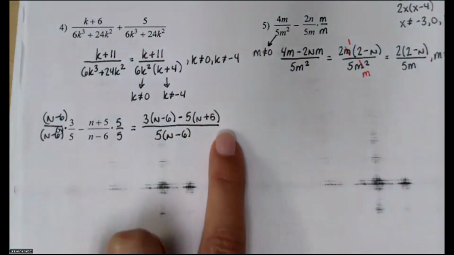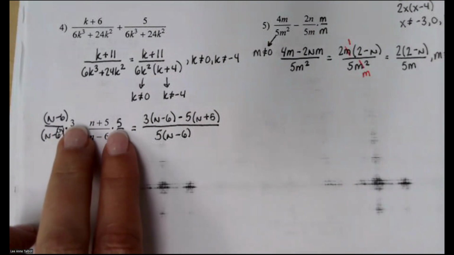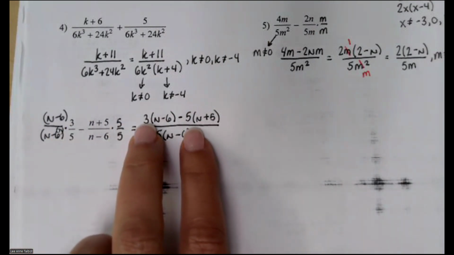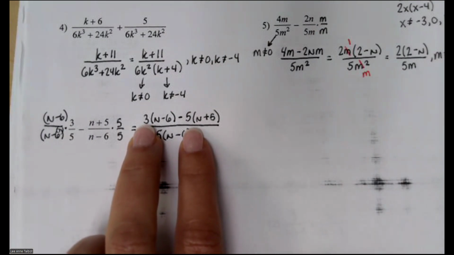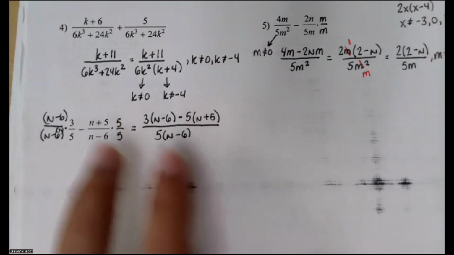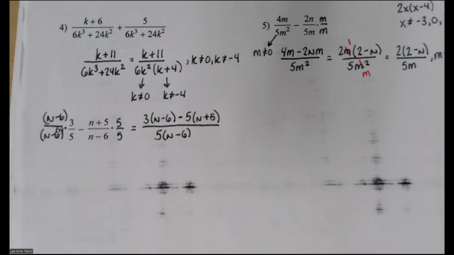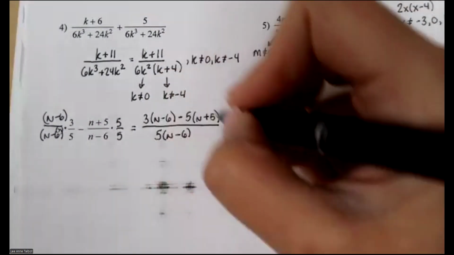I'm gonna reorganize my work like this. So I took the constants and made them coefficients in front of parentheses. Do you guys see what I did? How I reorganized it to make it look more familiar to us? You guys got it?